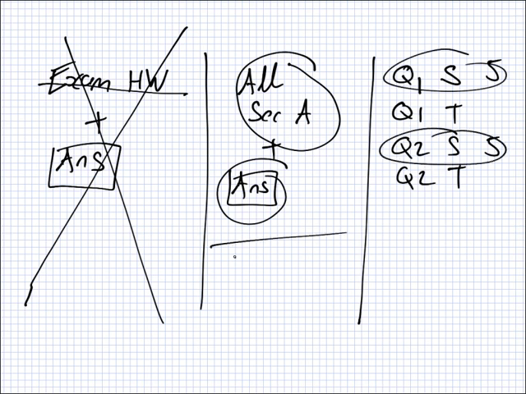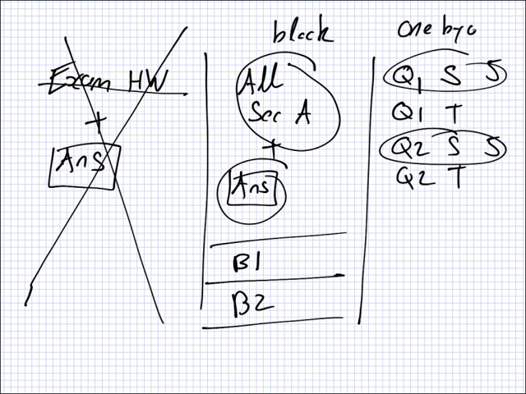When you finish section A, it can be B1 and then the answer to B1, then all of B2, and then the answer, and so on. So do you want to work in a block, or one by one?